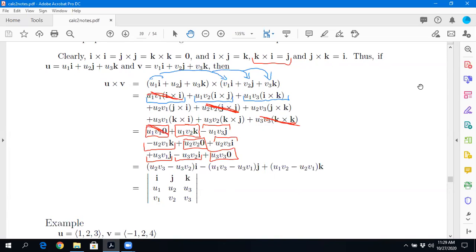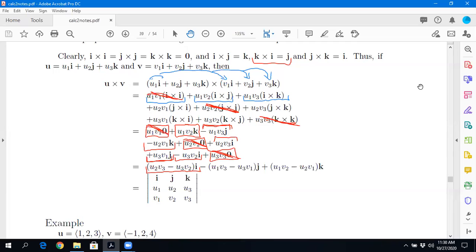So once again, these zero terms go away. But then what do I have? Sitting next to I, I have u2 v3 minus u3 v2, which is exactly what I have written right here. And what stuff do I have attached to J? Well, I have negative u1 v3, and positive u3 v1.